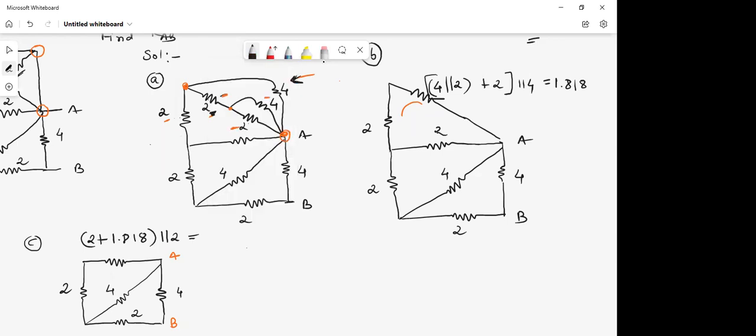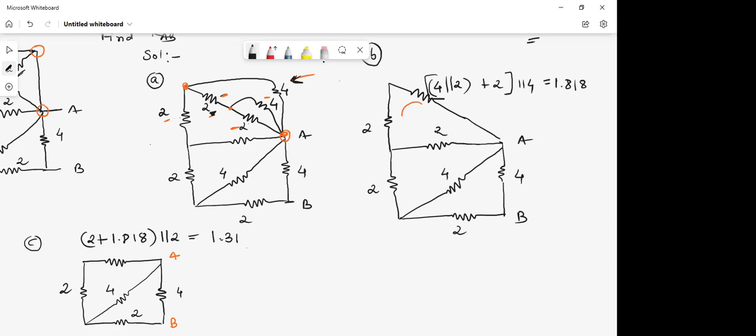How much is it coming out? 2 plus 1.818 parallel 2. 1.313. 1.312 आएगा आंसर.